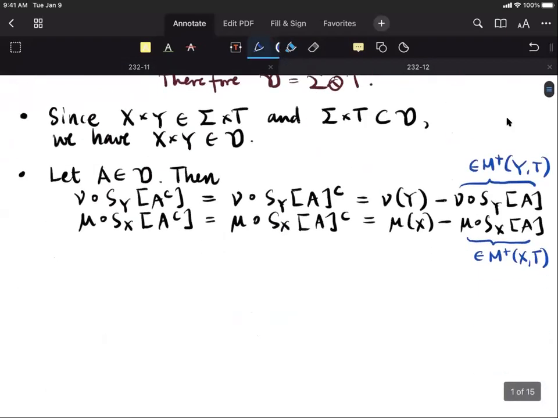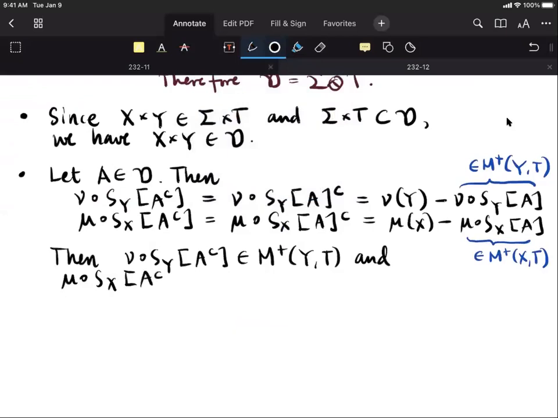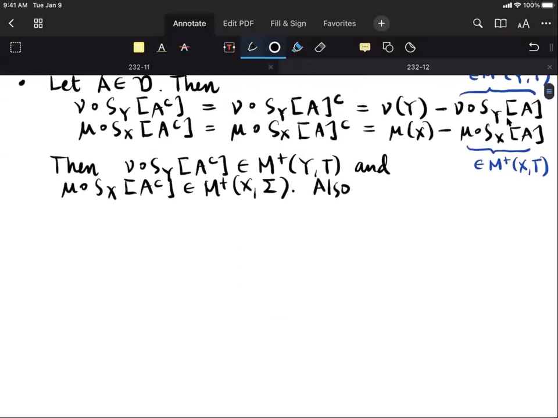Okay, then from this you can now easily see that the difference of two measurable functions is also measurable. So this is in m plus y t, and analogously for the second one. Also, let us compute the integrals.